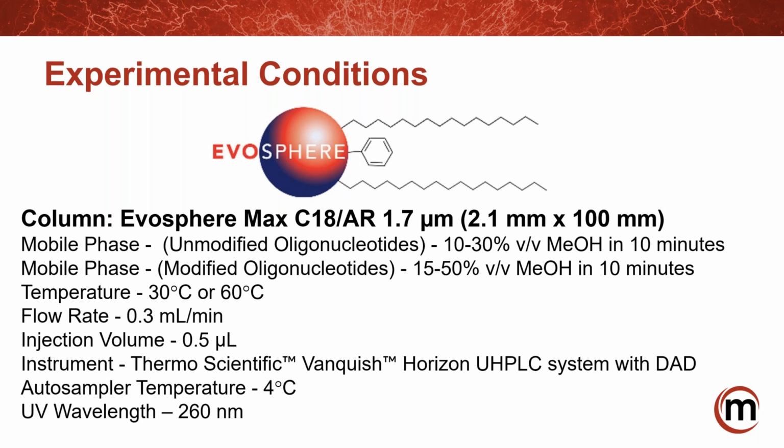You could argue maybe we could do other things on the bonded phase, but I think right now the C18AR really is a great step forward. We did look at the diphenyl and phenyl hexyl, but the C18AR was the one that really shined. All right, great.